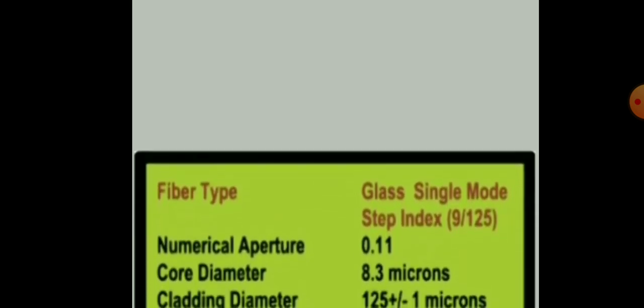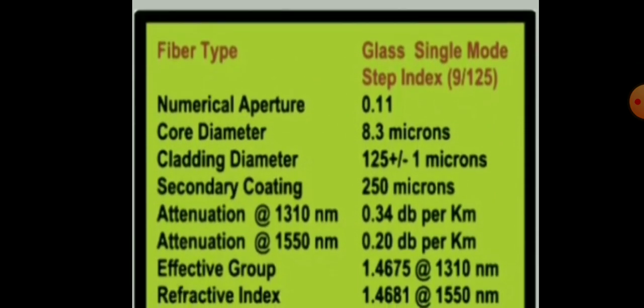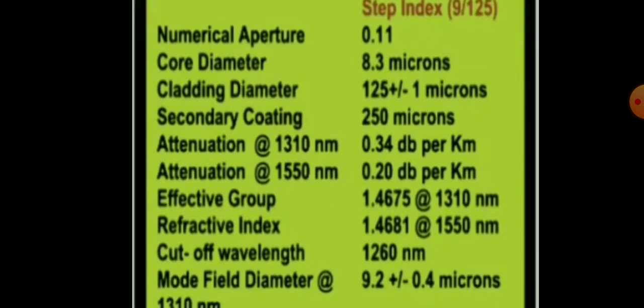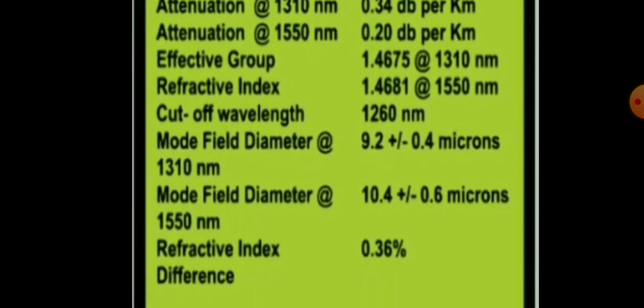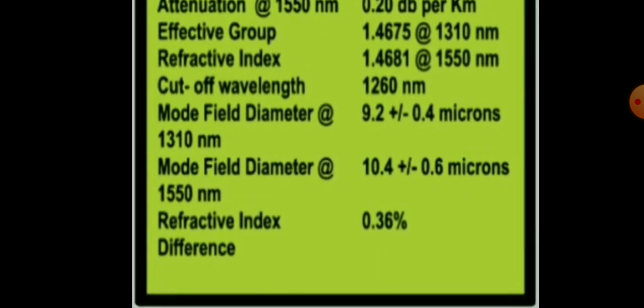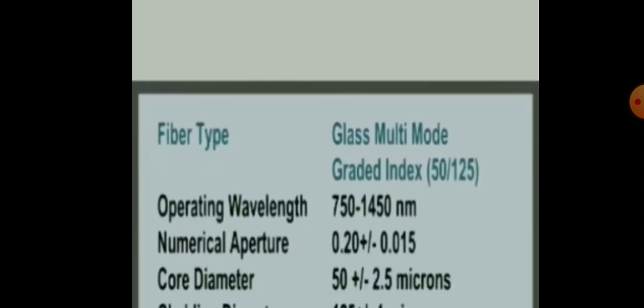This is our single mode step index specification. If the V number is less than 2.405, then the mode is called single mode. And this is our specification of multimode graded index.